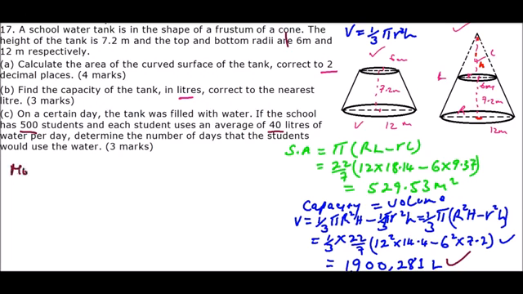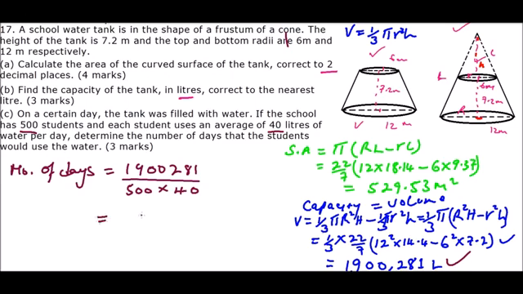So number of days is equal to 1,900,281 divided by 500 times 40. Using your calculator, you should get approximately 95 days. So it would take the school 95 days to use the tank when it is full to capacity.